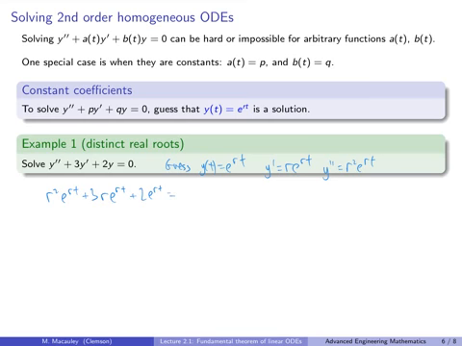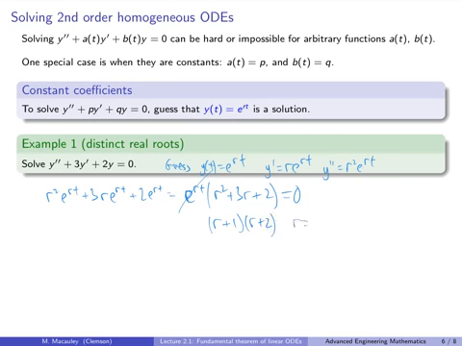Well, first I'm going to factor out an e to the rt times r squared plus 3r plus 2 equals 0. So we can divide by that, because that's never 0. So this is r plus 1 times r plus 2.